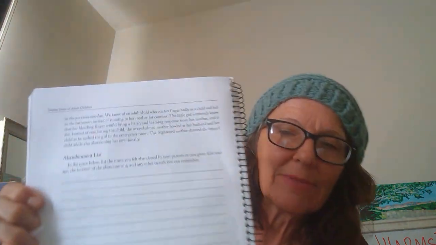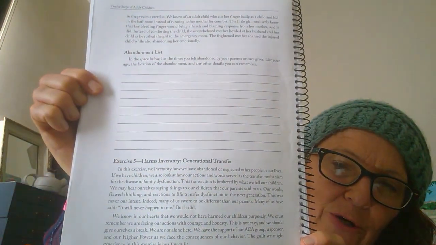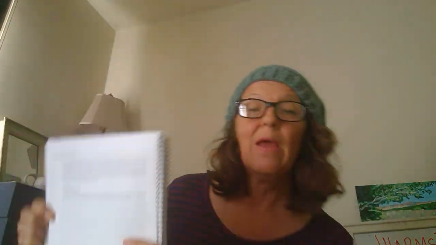And that's why step 5 is important, because what do we do when we don't address the shame and the abandonment and the secrets and all these things? We begin to spill over onto others. It is what is called intergenerational transfer, okay?